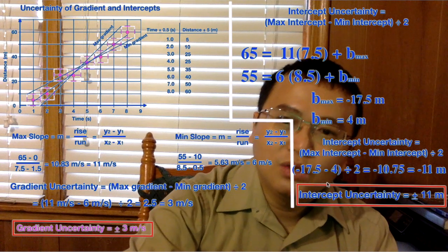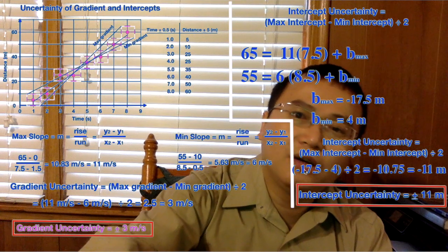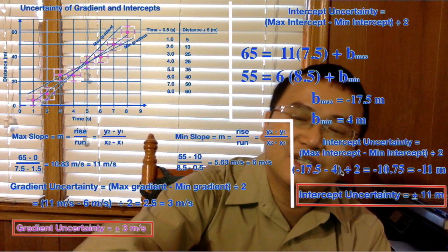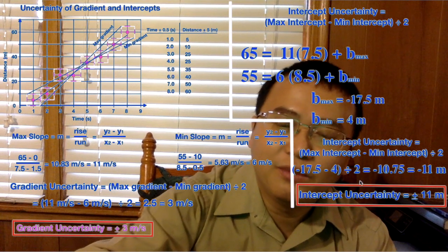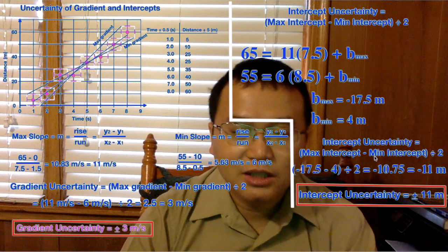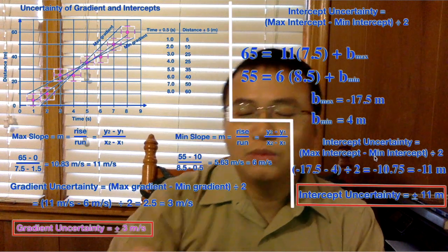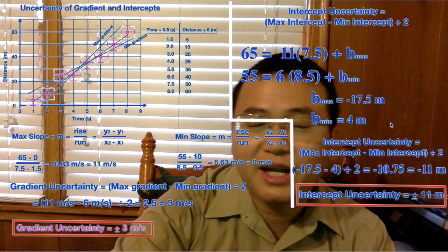With regard to the intercept, it depends on the experiment whether you're interested in it or not. But sometimes looking at the intercept can give you a lot of information about how the experiment went. It can tell you whether you have some kind of systematic error.